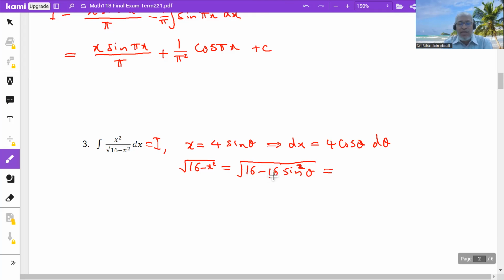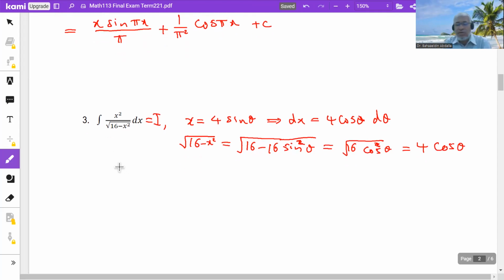And I can take 16 as a common factor, and I'll have 1 minus sine square, or I can just write it as cosine square. The square root of 16 is 4, and the square root of cosine square is the absolute value of cosine, but inside the chosen domain of this substitution, I'll get 4 cosine theta.